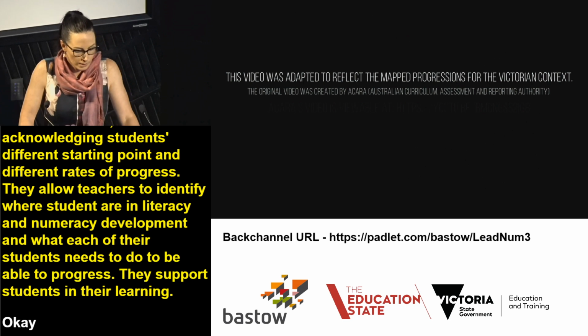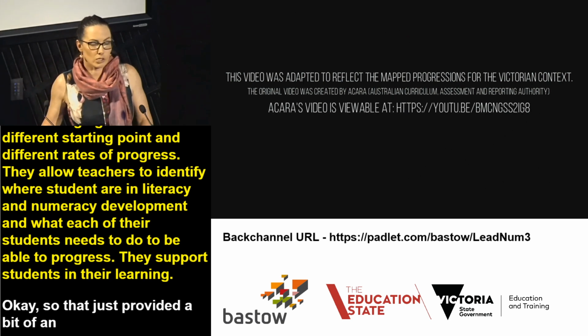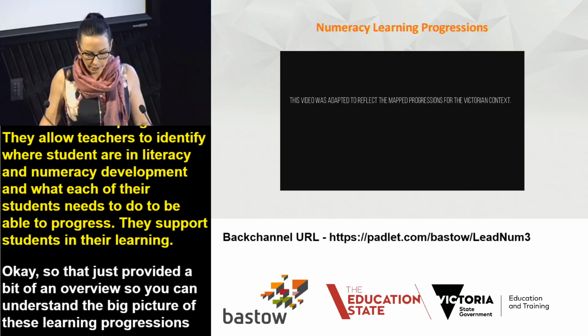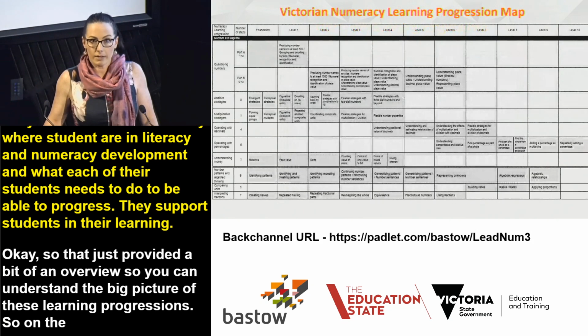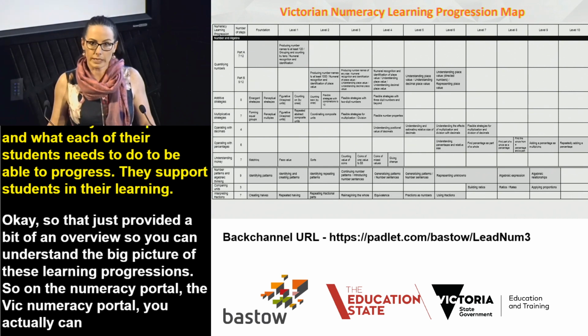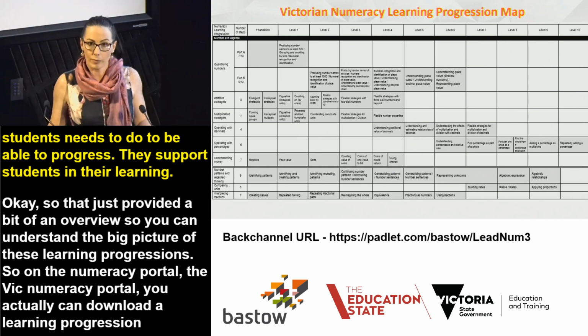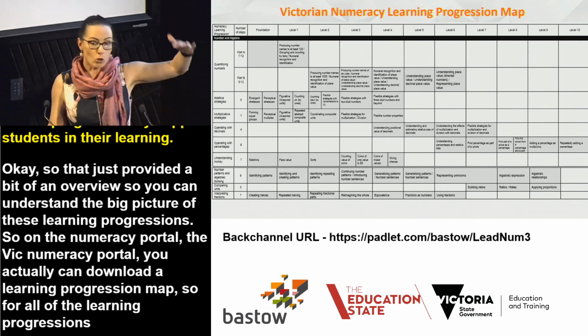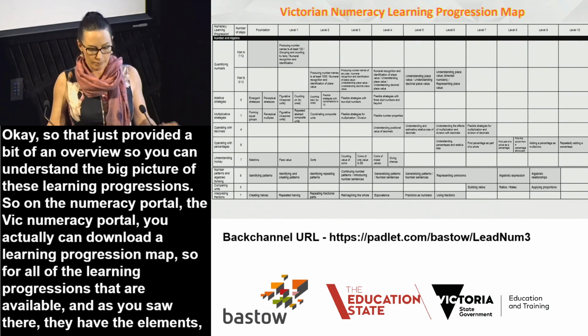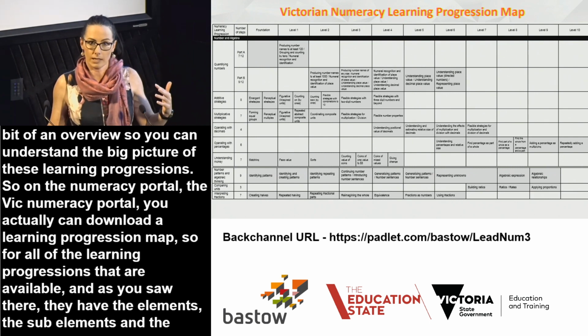Okay. So that just provided a bit of an overview so you can understand the big picture of these learning progressions. On the Vic Numeracy portal, you can download a learning progression map for all of the learning progressions that are available. As you saw there, they have the elements, the sub-elements, and the indicators.